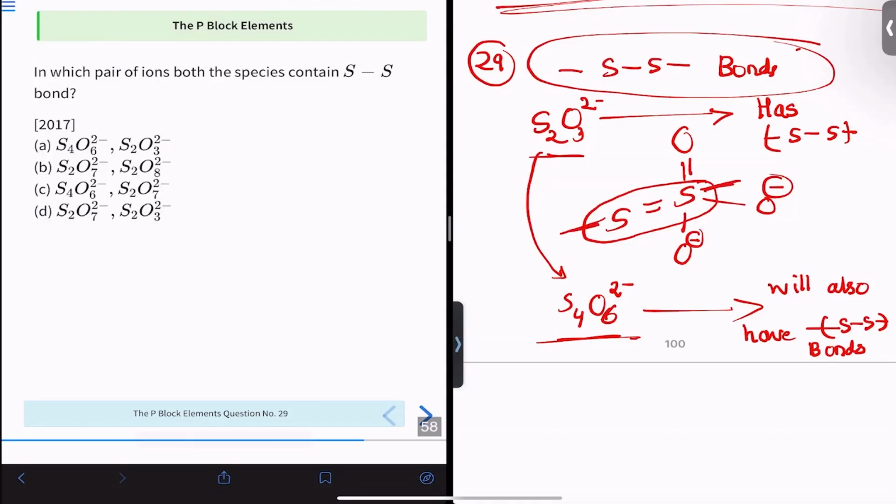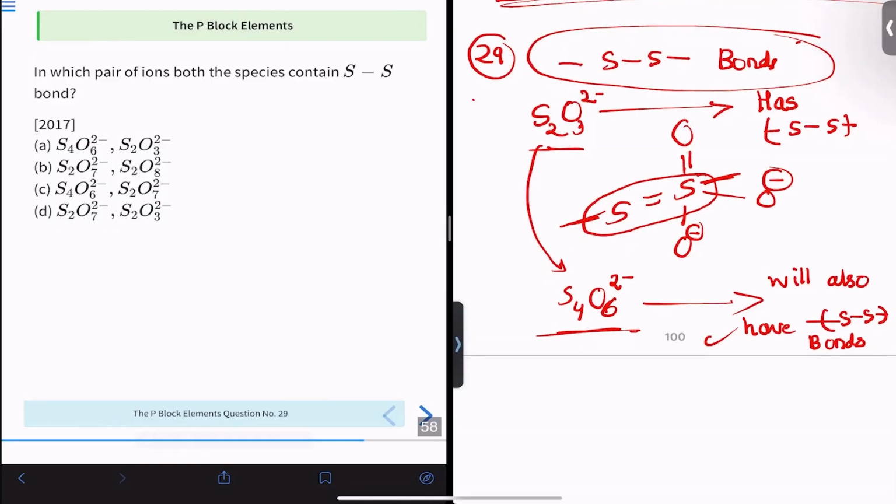And I told you if S2O3 2 minus has one S-S bond, S4O6 2 minus will also have S-S bonds. Why? Because S4O6 2 minus is a kind of polymer of S2O3 2 minus. That is why it will also have S-S bonds. So our answer will be option number A. Both the compounds have S-S bonds.